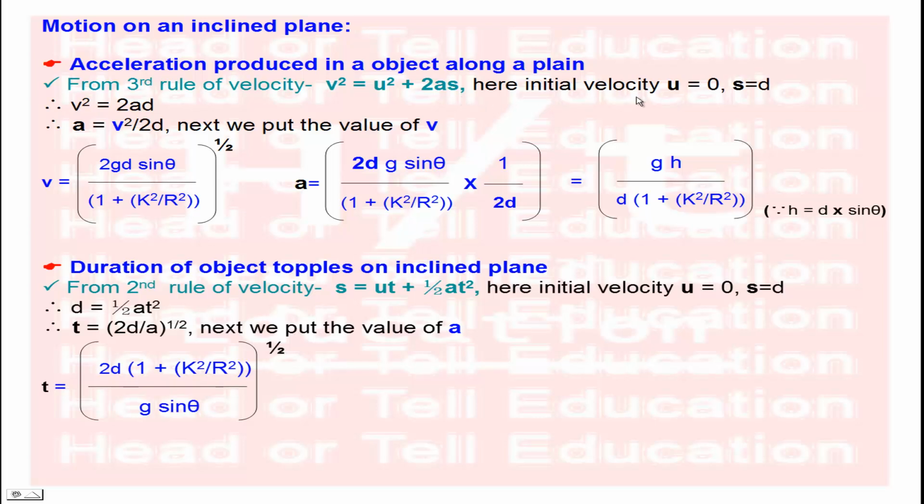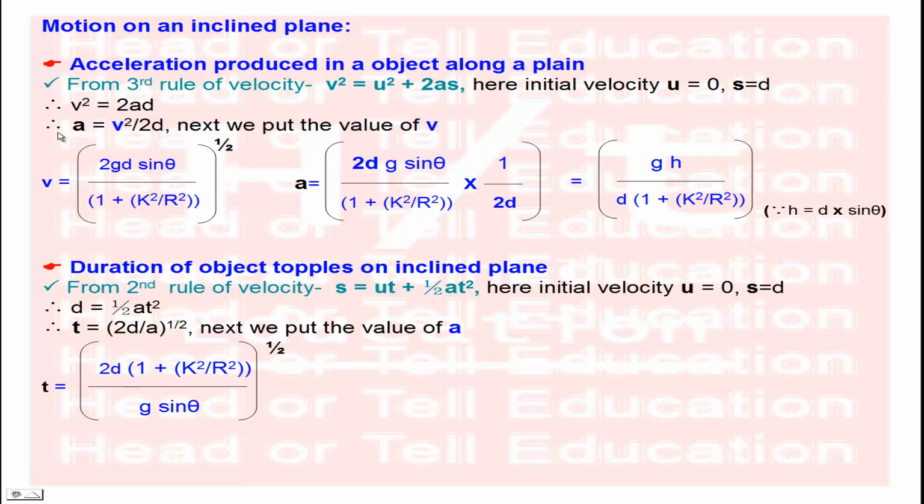Here our initial velocity u equals 0 because the object on top is in a stable condition at that time. So u is equal to 0, and the distance from top to bottom s equals d. So v square equals 2ad.